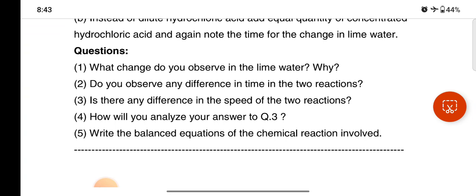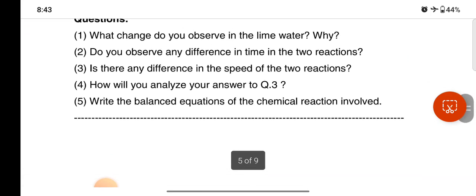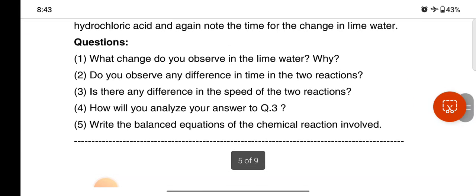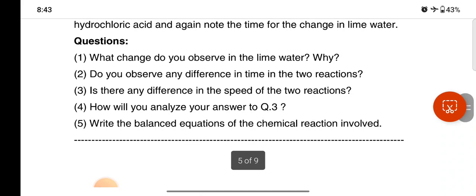Number 4, how will you analyze your answer to question number 3? And question number 5, write the balanced equation of the chemical reaction involved. These are the samples of physics and chemistry.